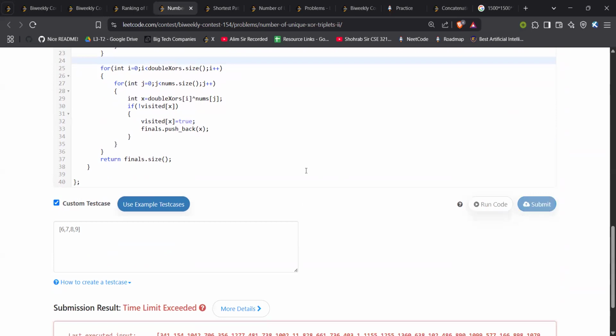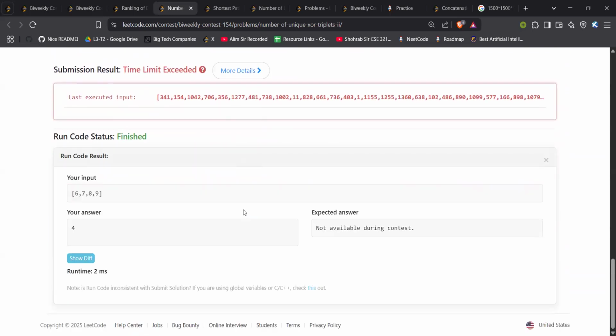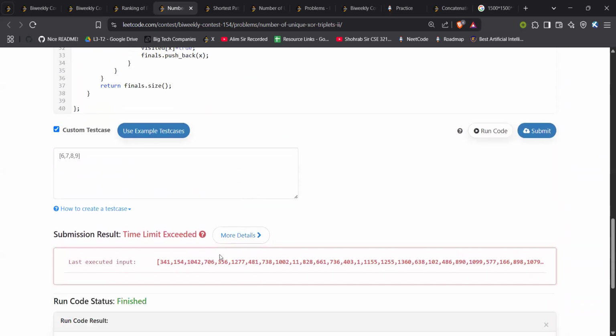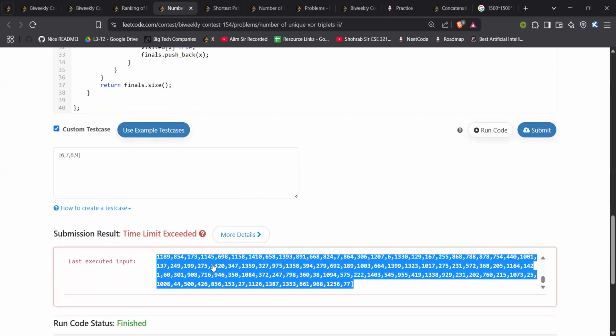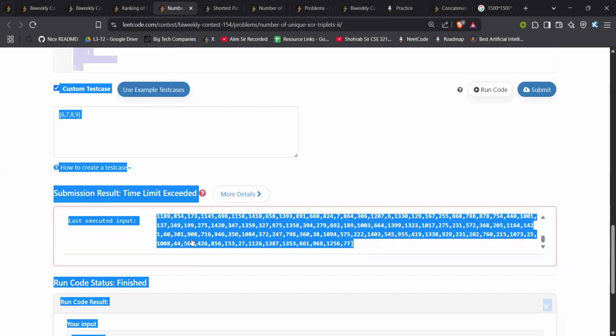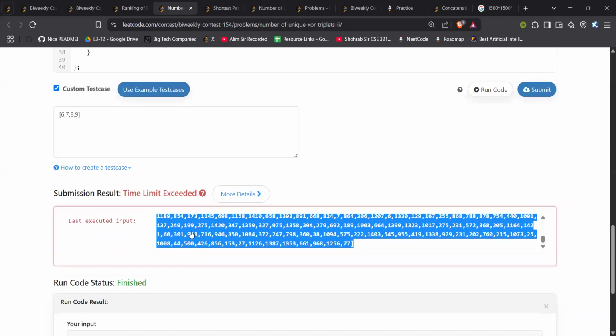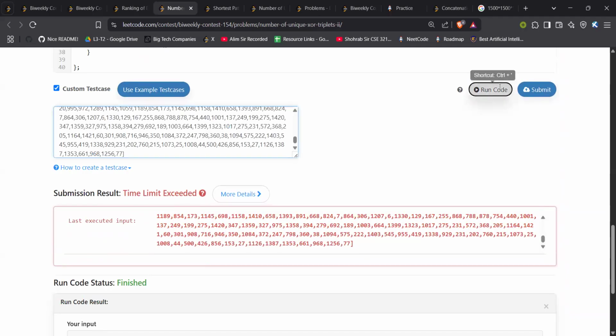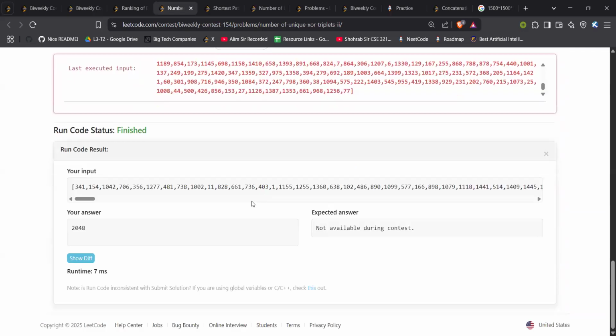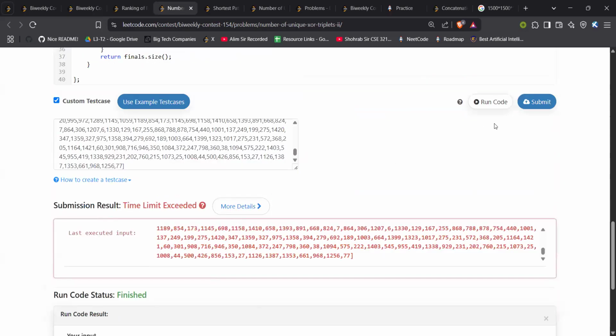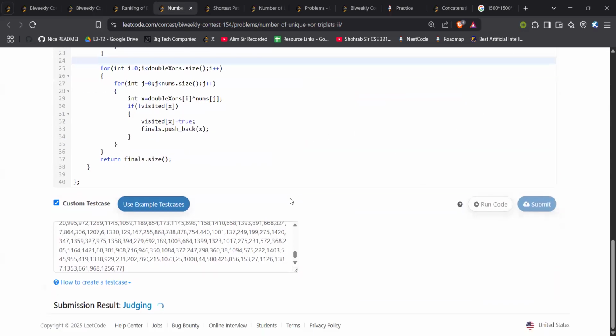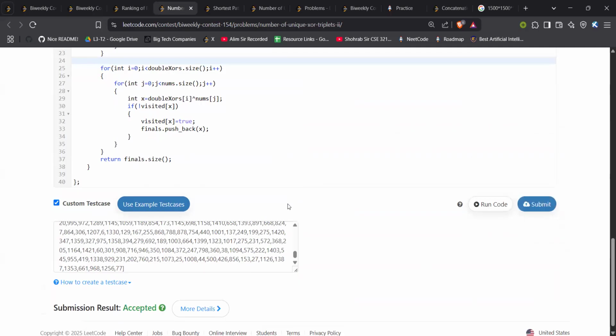I think this should work. I'm not 100% certain this will work. Oh, accepted.